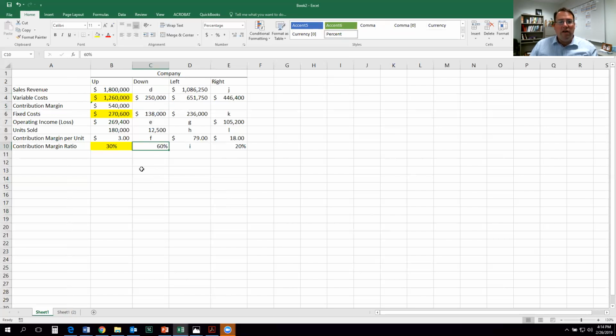So when I do that, I'm left with only one variable, which is sales revenue, and I can isolate that variable and figure out how to calculate sales revenue. So my sales revenue is equal to, algebraically, my variable costs divided by 1 minus my contribution margin ratio.